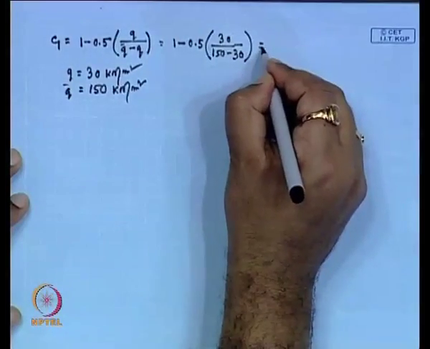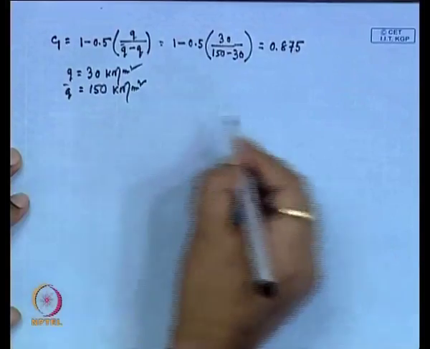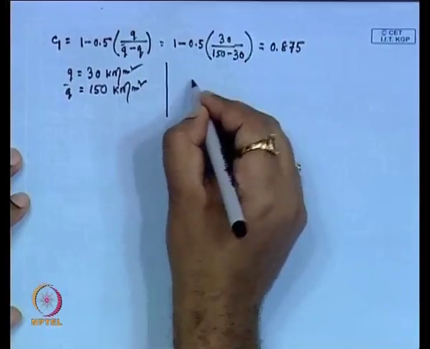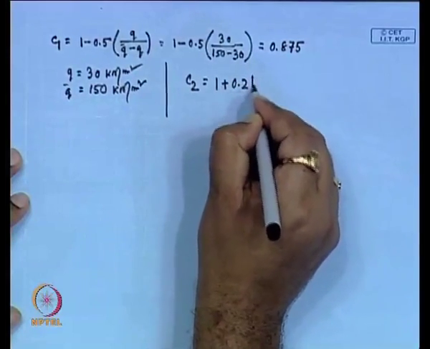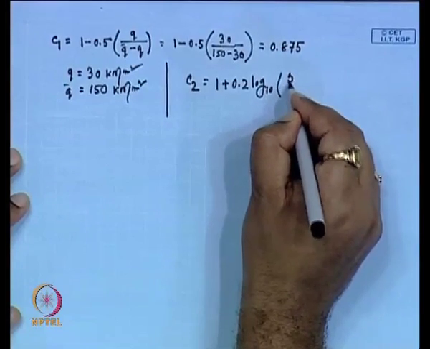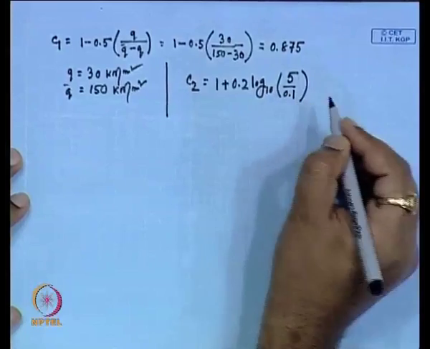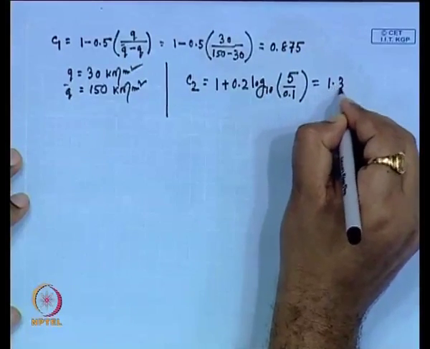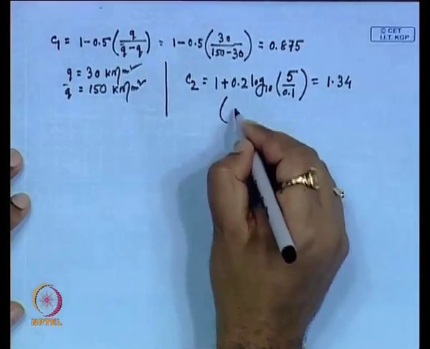So, C 1 value is coming 0.875. Similarly, C 2 value is 1 plus 0.2 log 10, because we are calculating at 5 years, this is 5 by 0.1. So, this is coming 1.34 for C 2. So, this is after 5 years.